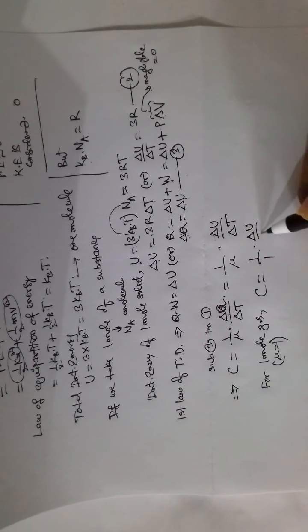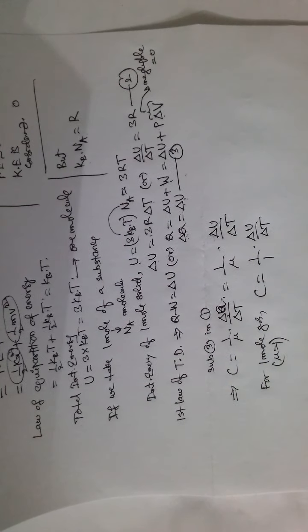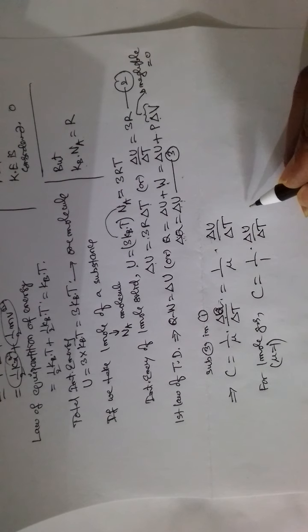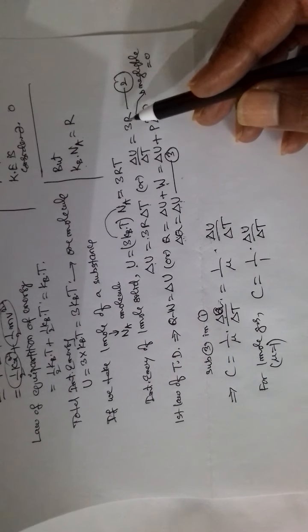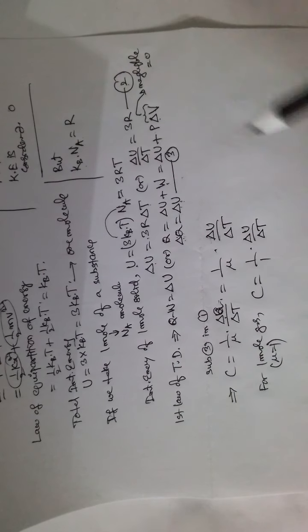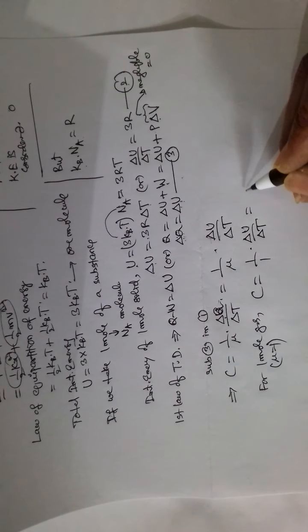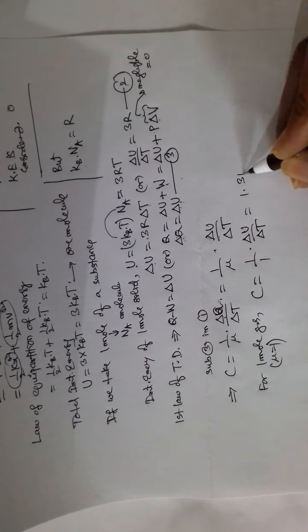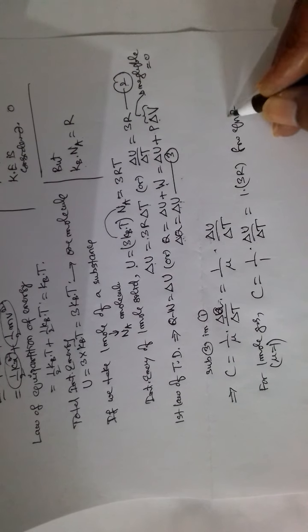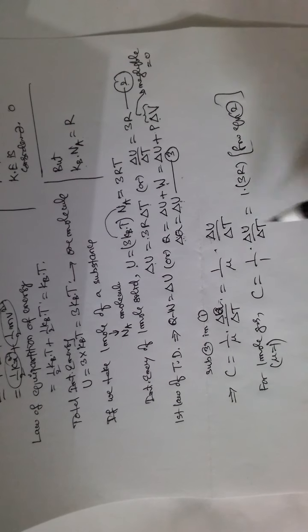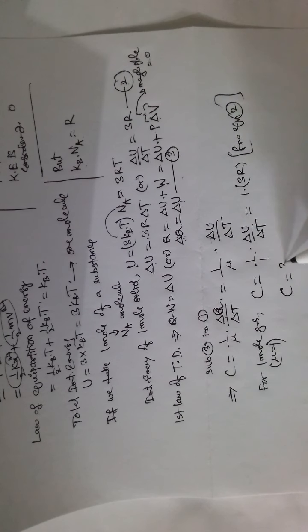C is equal to 1 by 1 into delta U by delta T. Now, delta U by delta T is equal to 3R according to equation 2. So we got the molar specific heat of a solid as 3R.